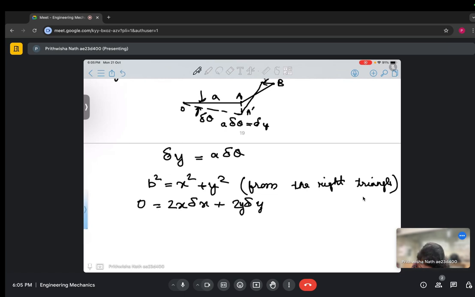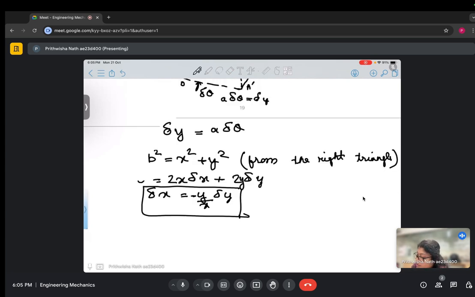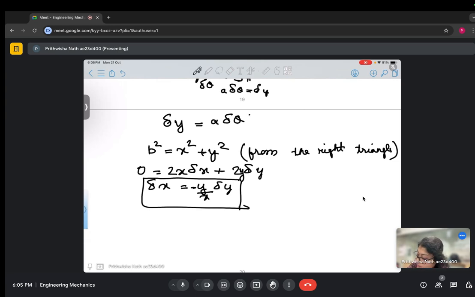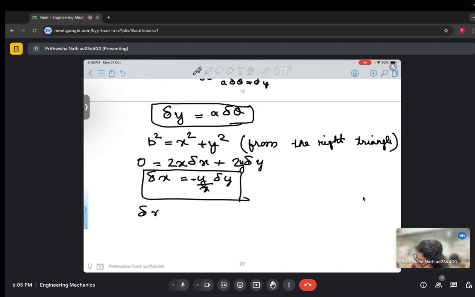Therefore delta x is nothing but minus y by x delta y, so this is the relation. Now in place of delta y I can substitute A delta theta, so delta x equals minus y by x A delta theta.